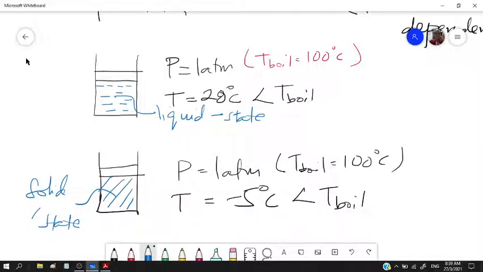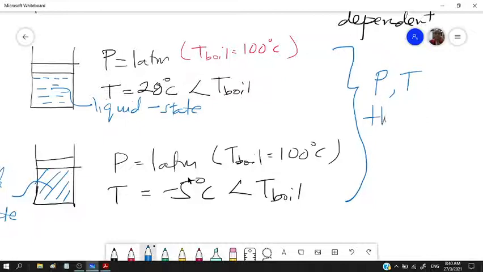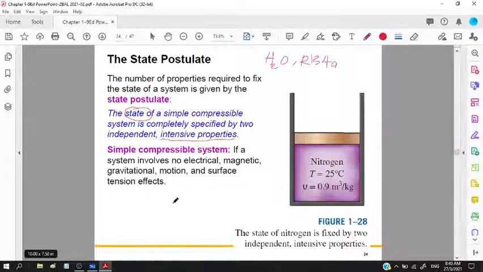So what we could conclude is that when we can clearly define the state given the pressure and temperature, in this case we are getting that P and T, they are independent. Okay, they are independent. So this is what is said by the state postulate.